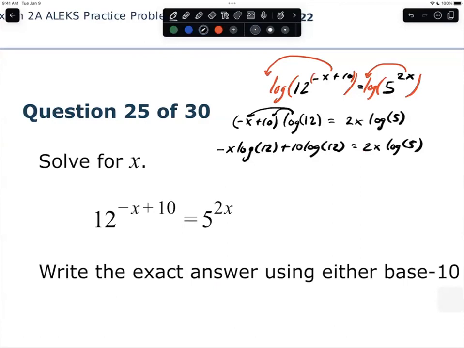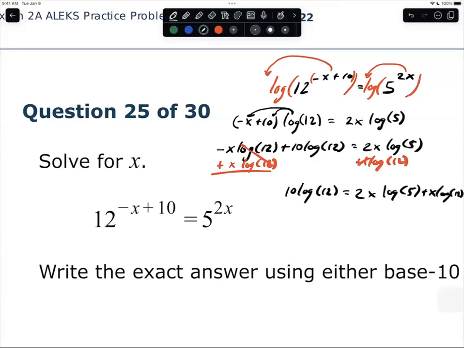We get all the terms that have an x on one side. I'll add the x log of 12 to both sides. So we get 10 log of 12 equals 2x log of 5 plus x log of 12.